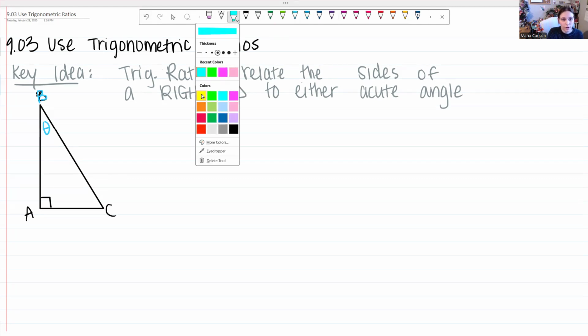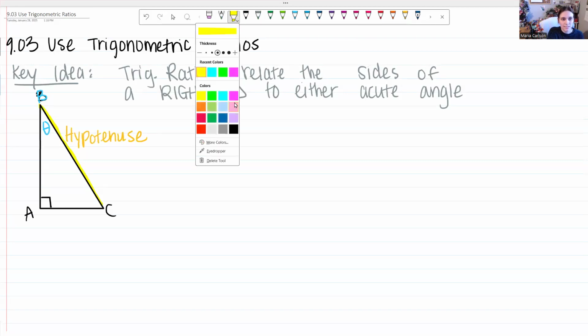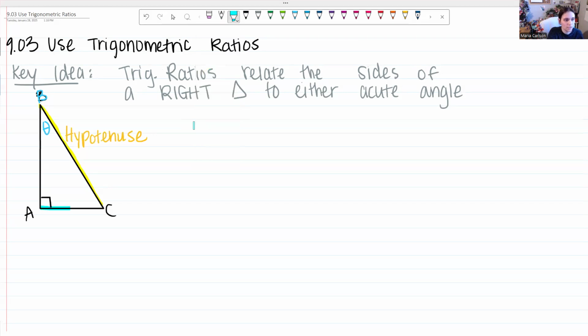Within this triangle, no matter which acute angle I'm talking about, the hypotenuse is the same. So the hypotenuse here is that side BC. Now, the opposite side is the side directly across from angle B. So that would be this side, AC.